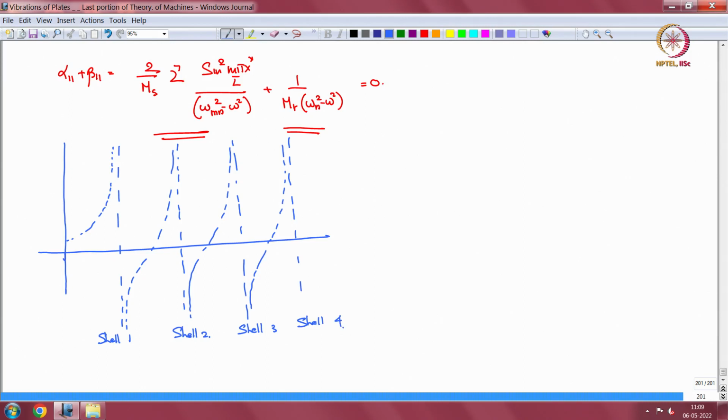Okay. And suppose my ring natural frequency is here. That means what? How does it go? Beta 1 has to be in the negative form. So, it will be coming like this from somewhere.